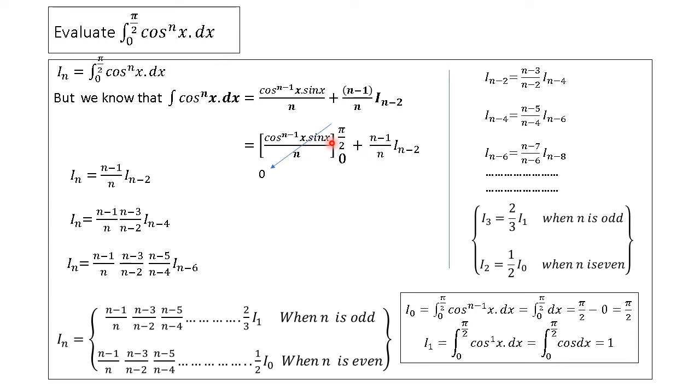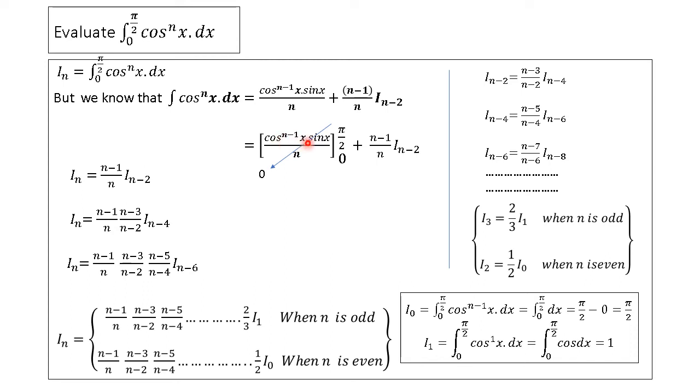Applying the upper limit, cos pi by 2, as you all know, the value of cos pi by 2 is 0. 0 into any number is 0.